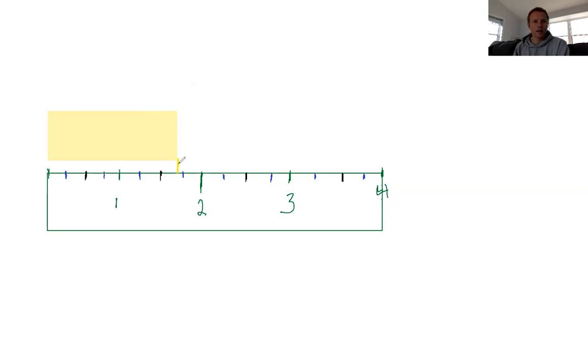So I'm deciding now, is this thing closer to this 3/4 mark, or is it closer to the half inch mark? Well, again, we could eyeball where the halfway point is. The halfway point's right about there. And since we have passed that halfway point, we round in that direction. We round up to 1 3/4 inches.